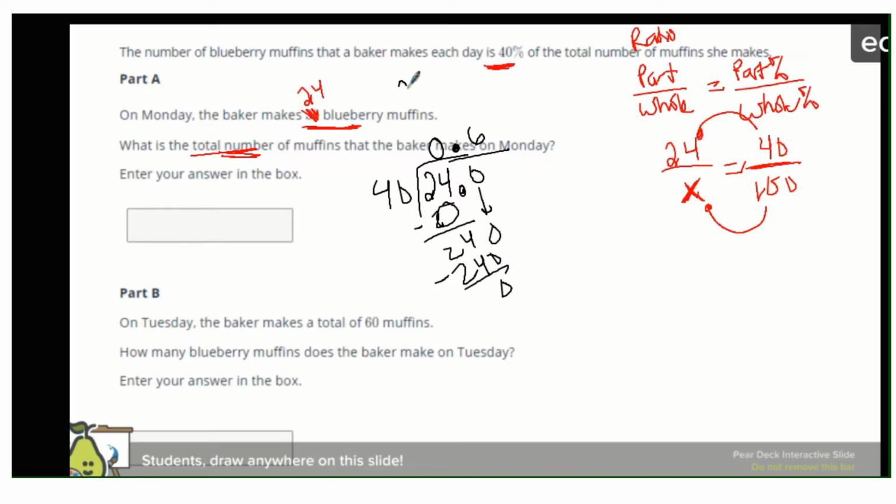So that means if 24 divided by 40 equals 6/10, that means 24 divided by 6/10 will also be equivalent to 40. So going from the left to the right, I need to divide by 6/10.